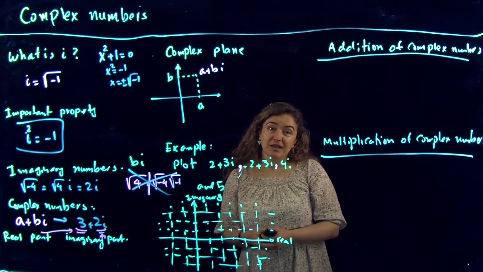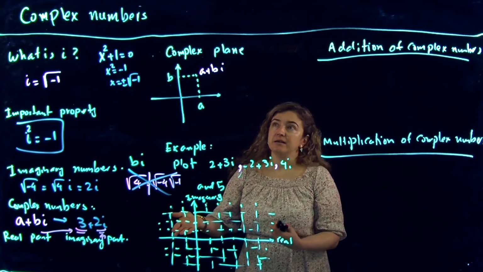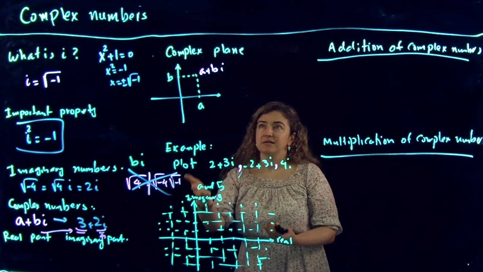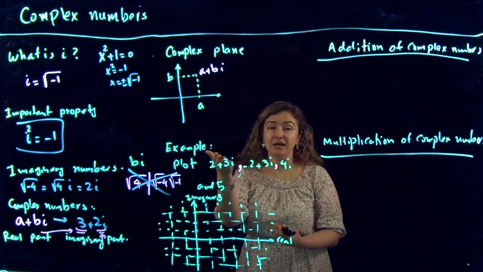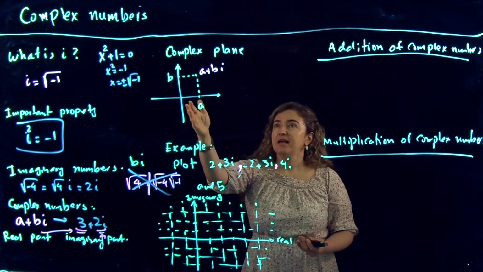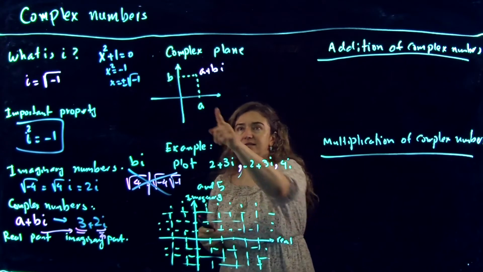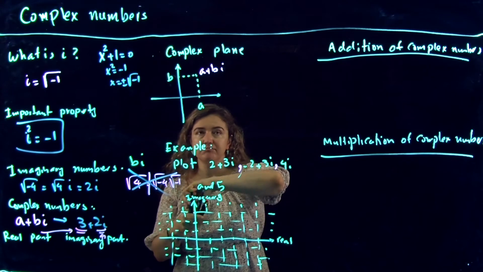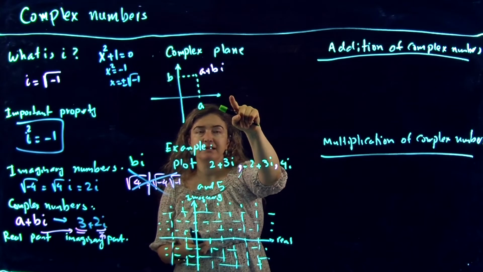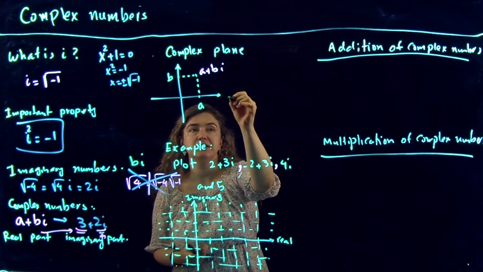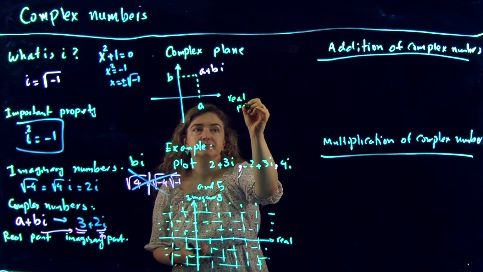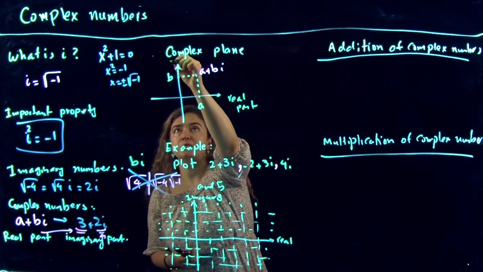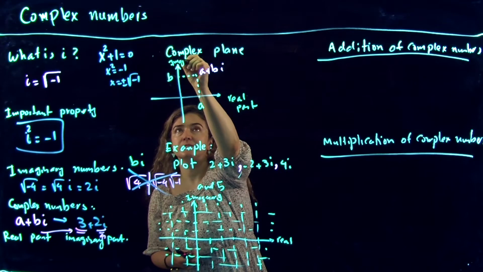The fun part of this is that we actually can plot complex numbers in the complex plane. And so in the complex plane, the independent variable is going to be the real part, and this part would be the imaginary part.